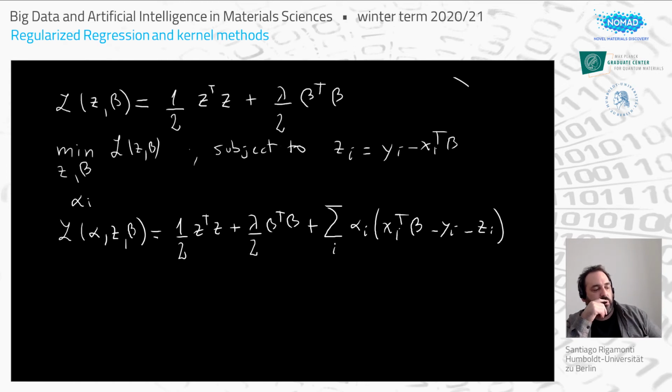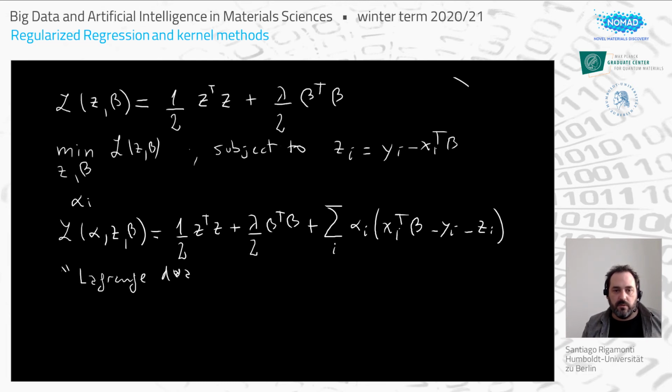In the context of Lagrange duality, I will not explain this now because it would be quite lengthy, but if you would like to find out by yourself, look into these keywords or just ask me afterwards. To solve this problem, what we actually have to do is to solve a minimax optimization.